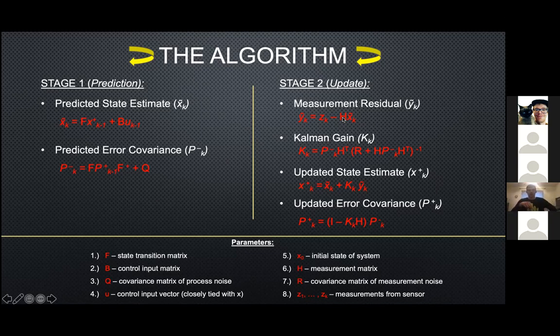The reason H is there is because oftentimes X of K includes all of the parameters we did over here, both your position and your velocity. The only thing we're tracking with the sensor in the example I'm going to show is the position. We're not predicting the velocity from our sensor.